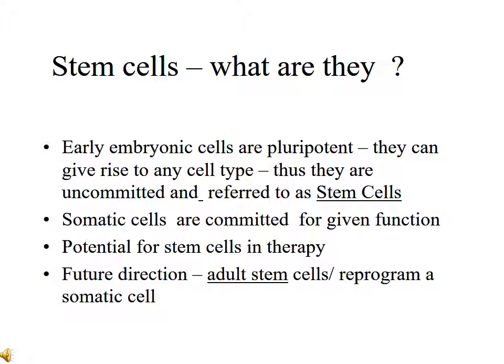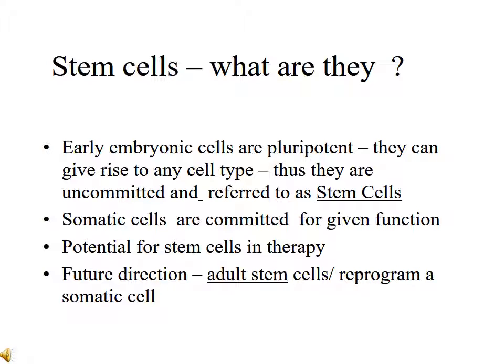Now, of course, all of us have heard of the controversy involved with stem cells. We have to go to embryonic stem cells, which are usually the best cells to use. However, let me backtrack.